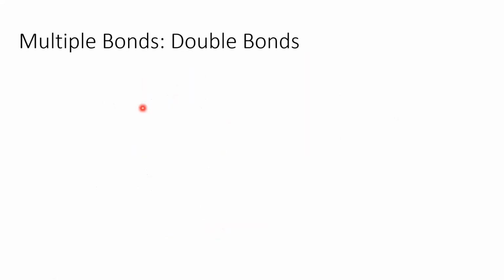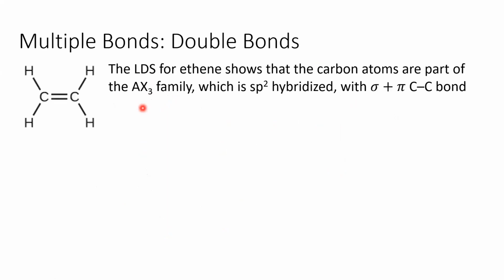Now, why do we need to know that? Well, it helps us to explain where double and triple bonds come from. If we look at this structure here, it has 3 effective pairs. So that means we need what kind of hybridization on this carbon? sp2, okay?